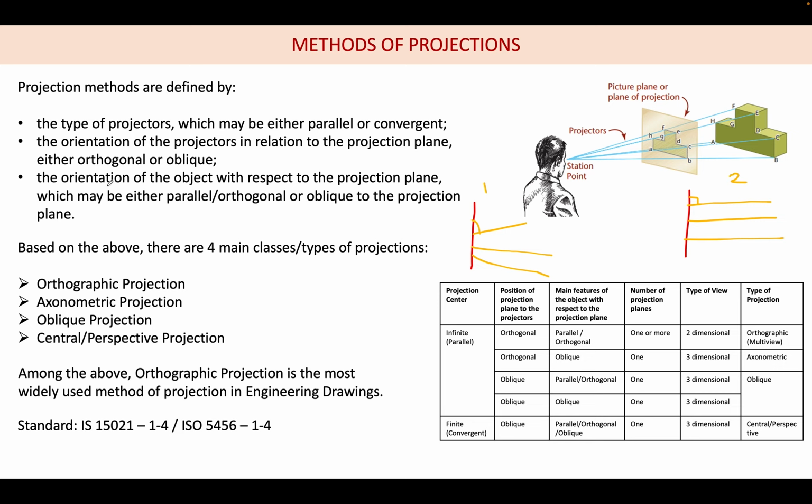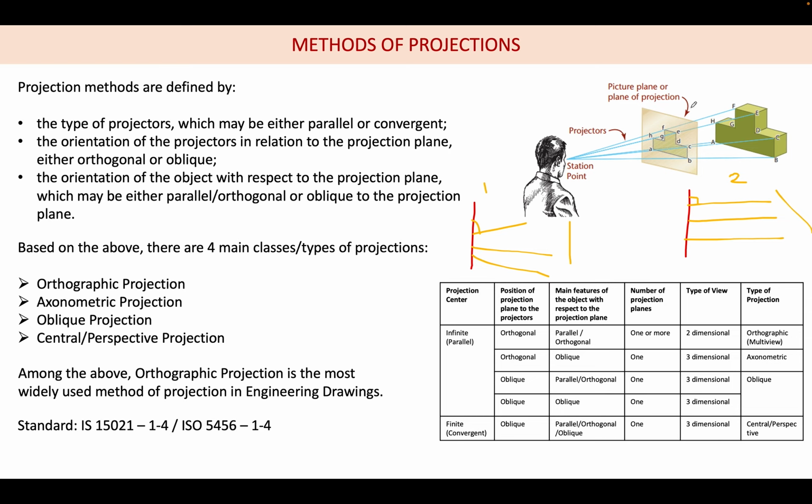The third case is the orientation of the object with respect to the projection plane. Suppose this is an object. Is this object, from the top, parallel to the plane or is it somewhat inclined at some angle?